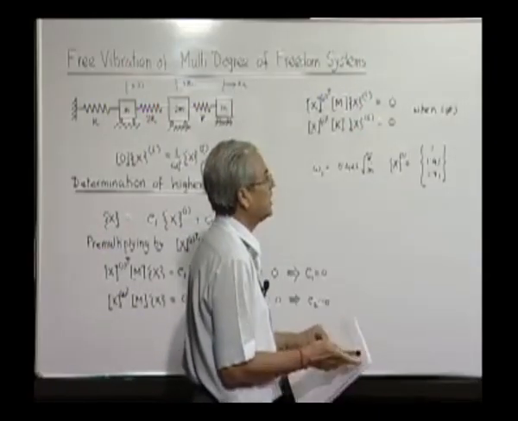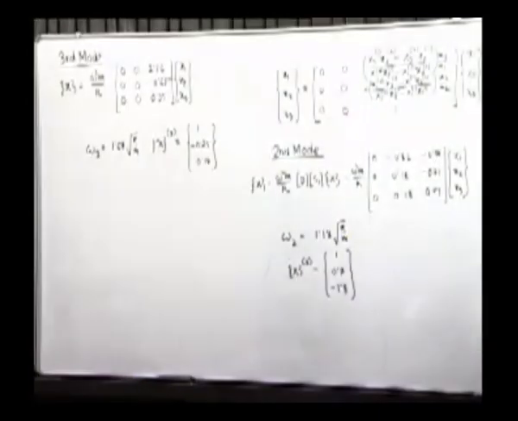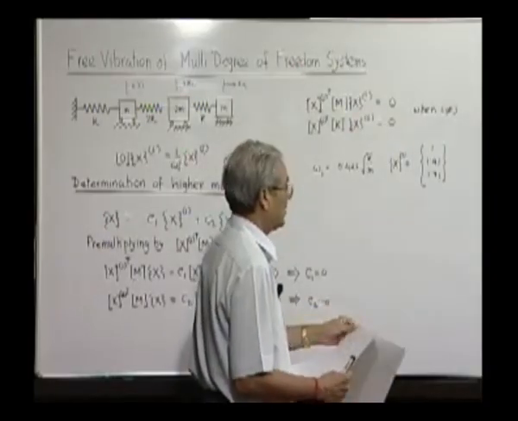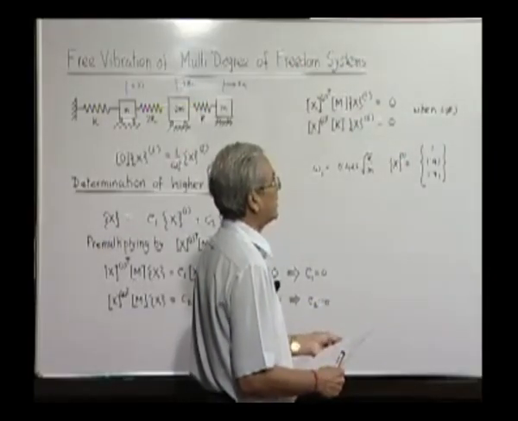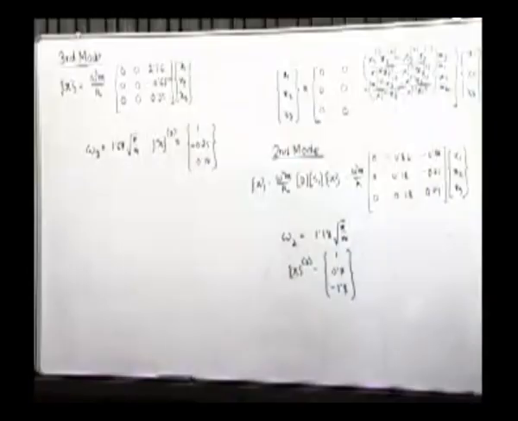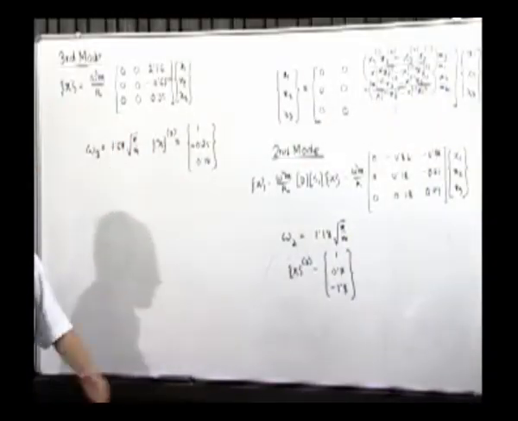If we solve a matrix equation directly, of course, we get all the modes and all the frequencies simultaneously, but it is a very computer intensive process. So now you can see that even if it is simple, it takes some time.